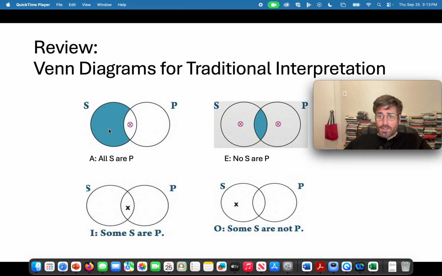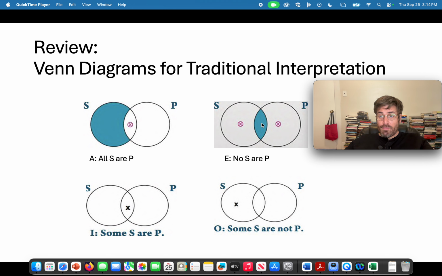So on our universals, we use shading in region 1 to designate for the universal affirmative that there is nothing out there that belongs to the subject group that is not also included in the predicate group. That in and of itself is not different from the modern interpretation, but we include a circled X here in region 2 to designate that there at least is one member of the subject group that really does exist and overlaps with the predicate group. Again, for our E propositions, our universal negatives, no S are P, we have shading in region 2 that indicates that there is nothing in that area of overlap of the subject class and the predicate class.